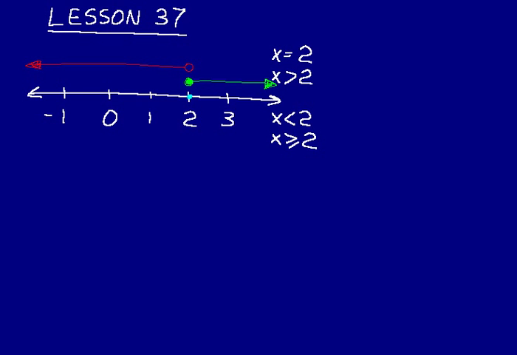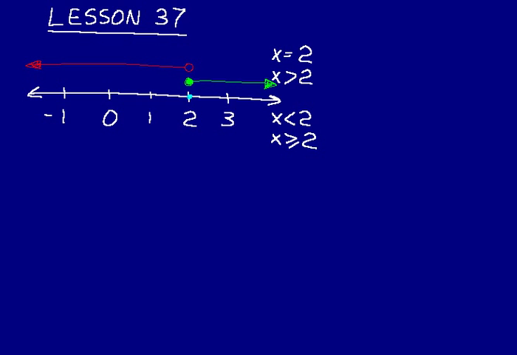And now that is an expression of x greater than or equal to 2, because the shaded in circle tells us we're including 2. And when we say x greater than or equal to 2, we're talking about the set that includes 2 because it's equal to 2, and then greater than 2 as well.